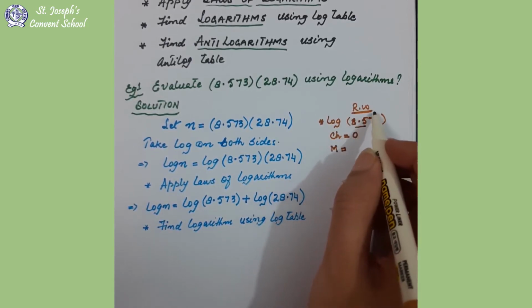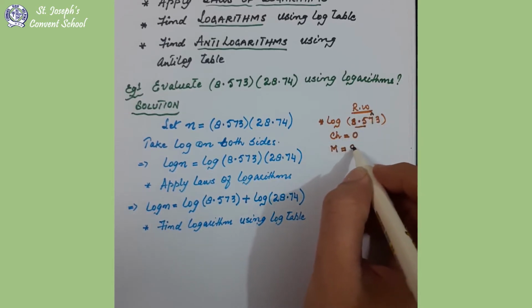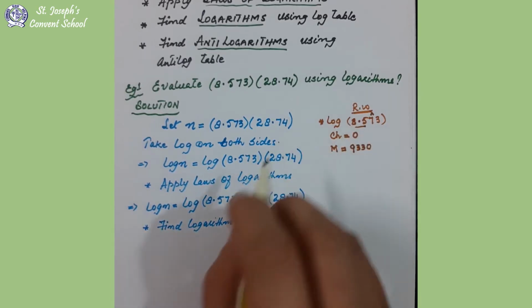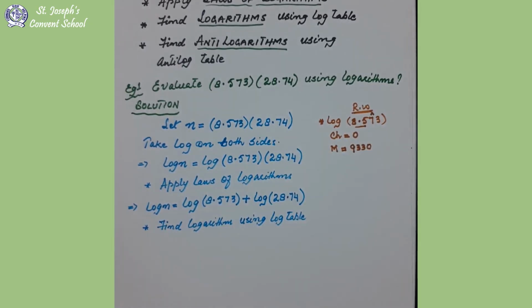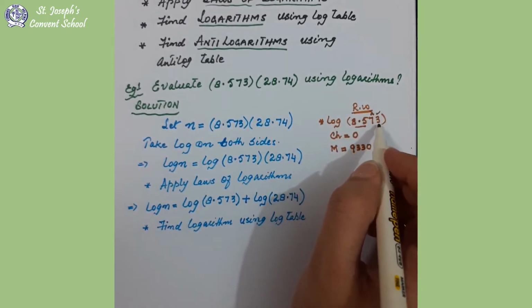check 85 in column 7. Okay, so 85 column 7 is 9330. You will check this in the log table. And this fourth digit, 3, you will check in the mean difference column.